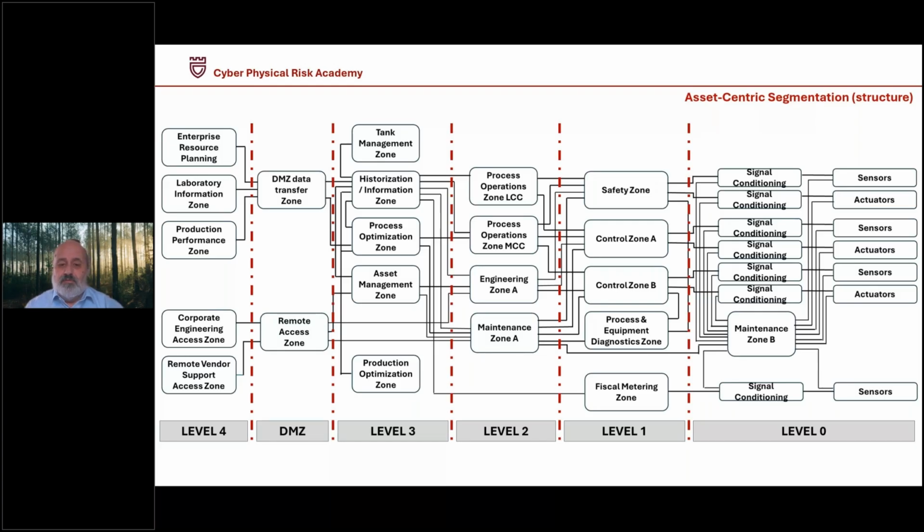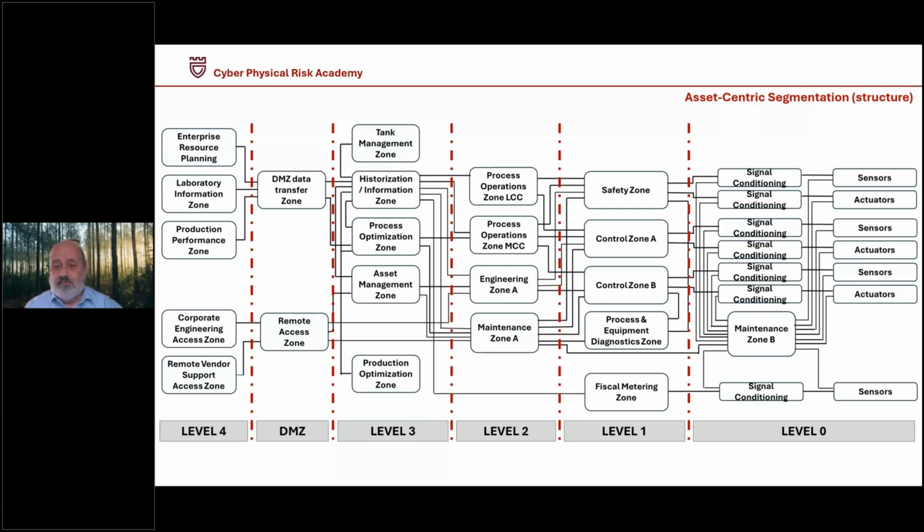We have the engineering zone, I have a maintenance zone, and then level 1, it becomes more traditional: the safety zone, the control zones again, the diagnostic equipment zones for all kinds of monitoring, vibration management, that type of monitoring, and we have fiscal metering a little bit on the side.